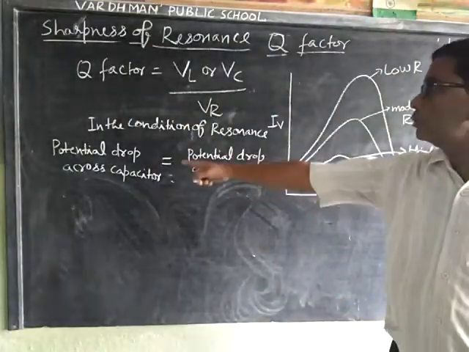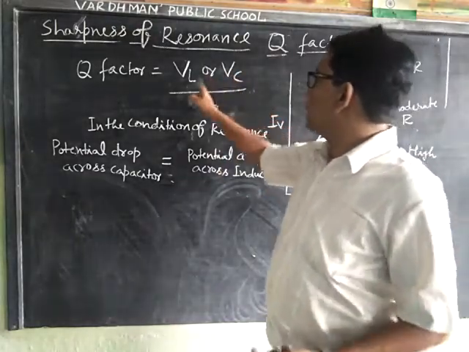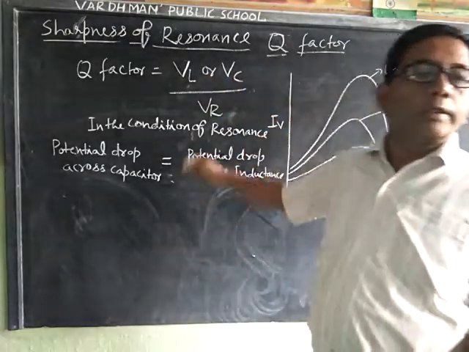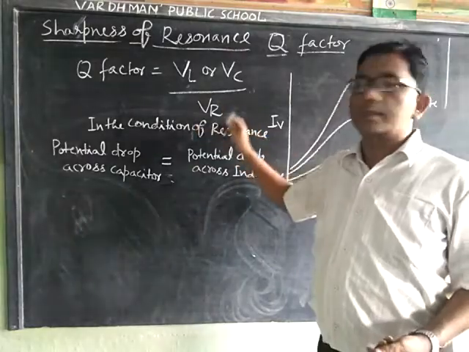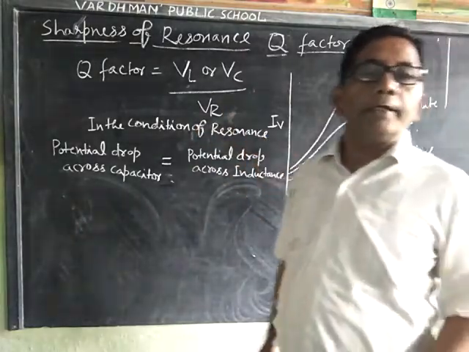So they cancel each other, and the potential drop across the resistance is equal to the applied voltage.